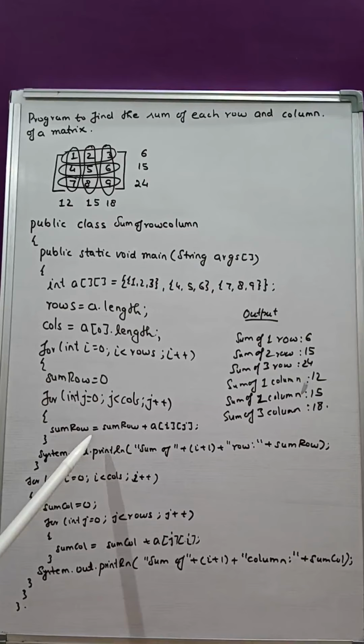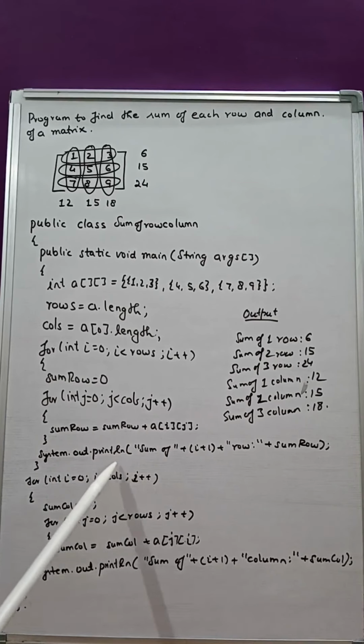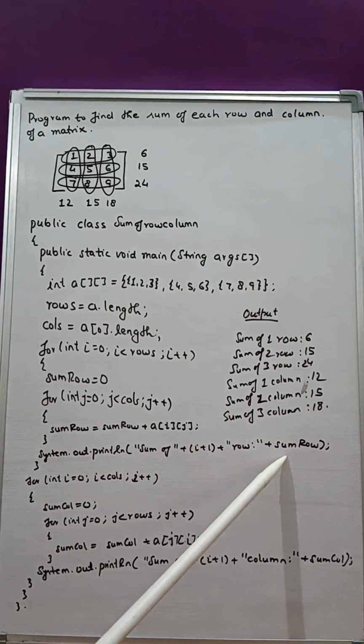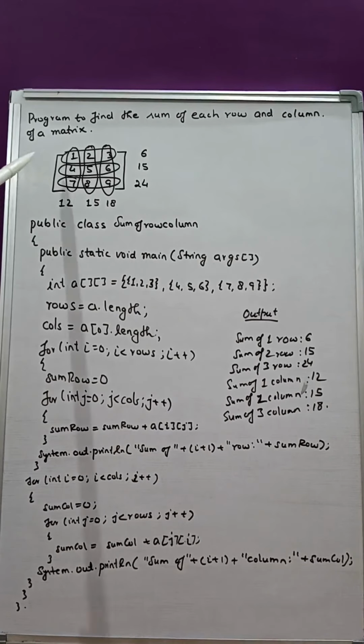I have told you this for one row. In a similar way, you will be able to calculate for the other rows as well. Now the next step is to print the value. For printing, we have written sum of row i plus 1 is, plus sumRow. Whenever we are finished with adding all the values in the row, the inner loop condition will be false, we will come out of the loop and execute this particular statement.